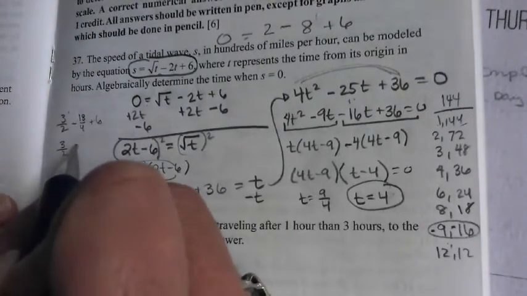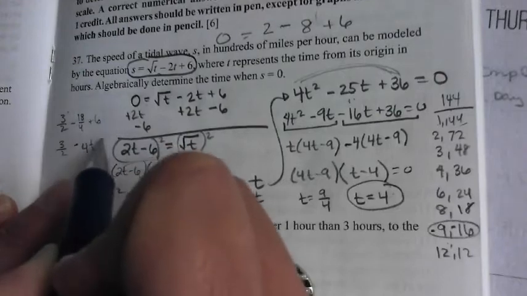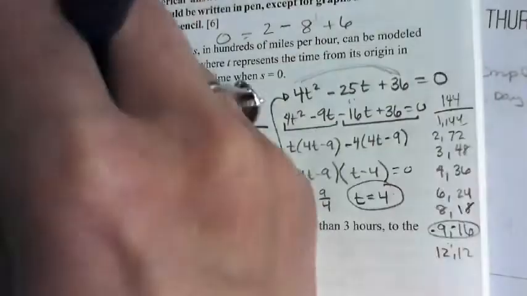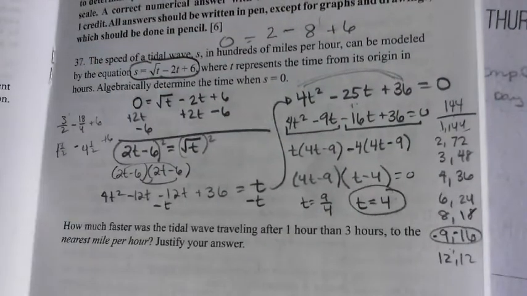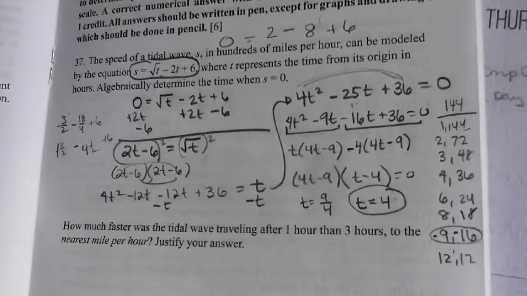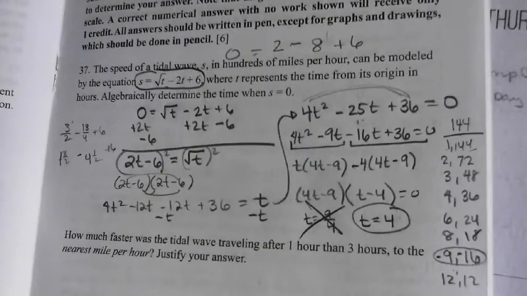That's 3/2 minus 4.5 plus 6. 3/2 is just 1.5. So 1.5 minus 4.5 plus 6. Is that 0? No. 4 hours. Good?